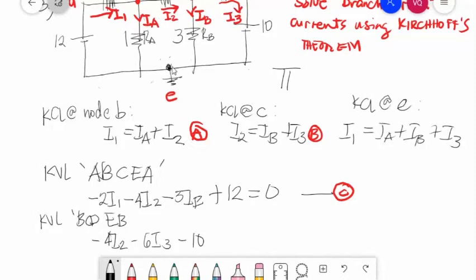So, from E to B, opposite na sila. Opposite yung IA at saka EB. So, that is equal to positive IA equal to 0.